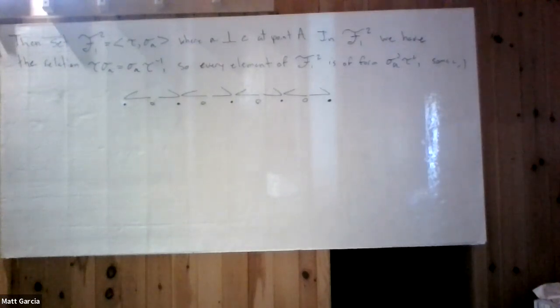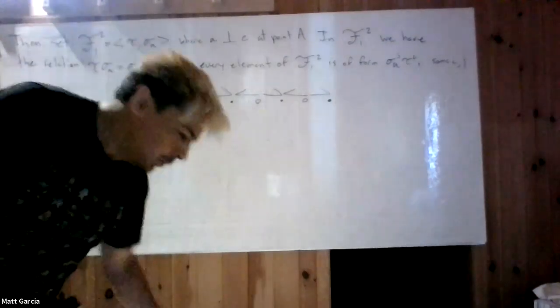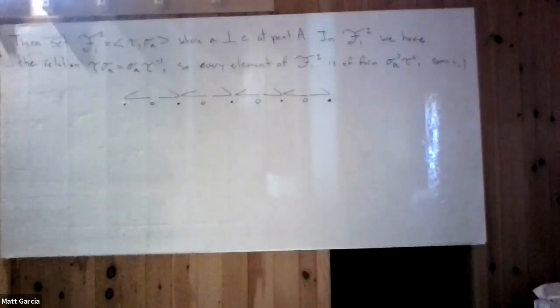Now, before we move on, let me just ask you, what do you think the next step is? What will we do next to see what's possible for a frieze group?